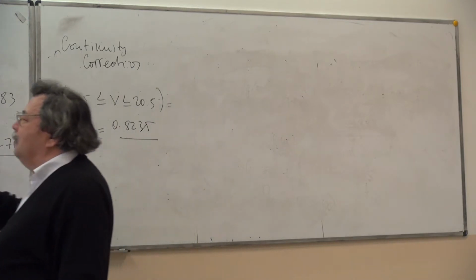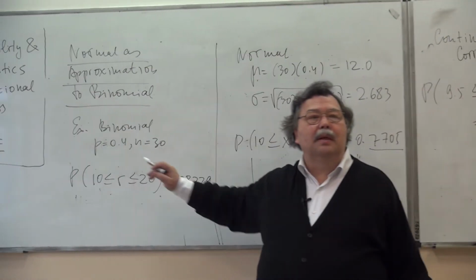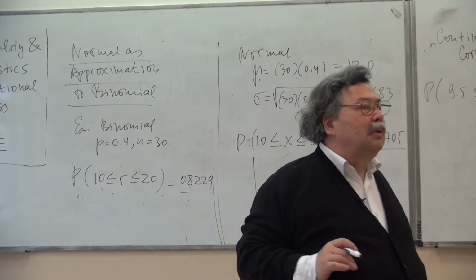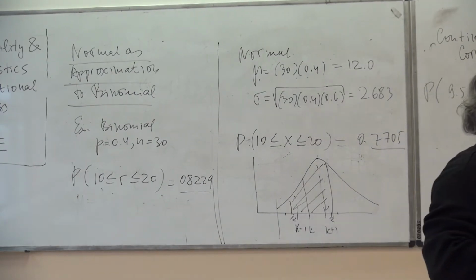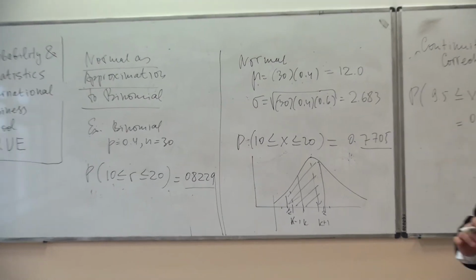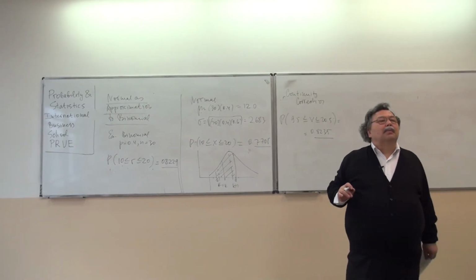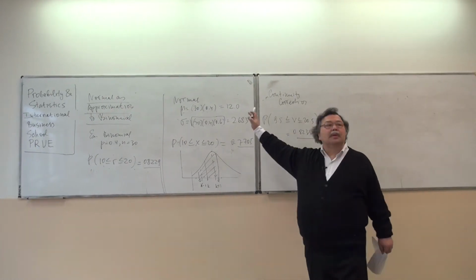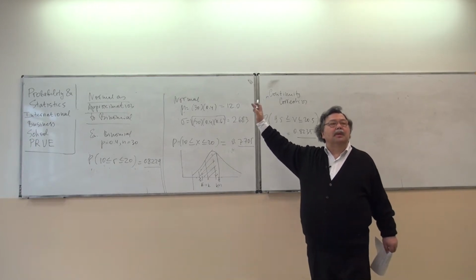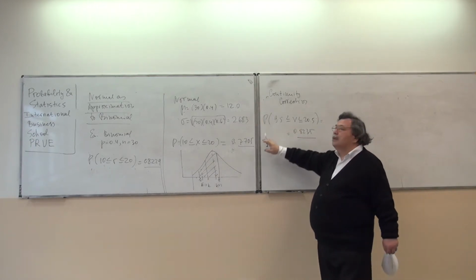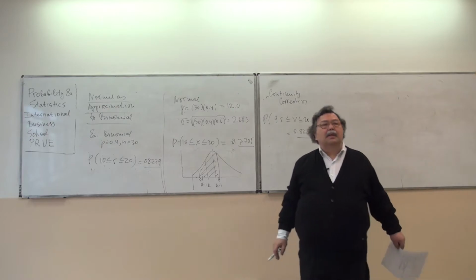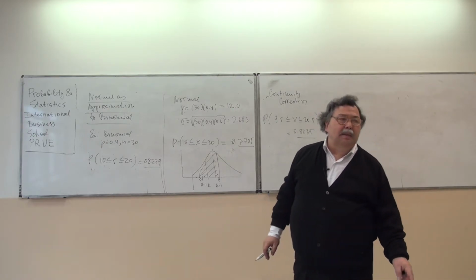Even for a relatively small number of trials, and 30 is not a large number of trials, the binomial distribution can be quite closely approximated by the corresponding normal if we use this continuity correction. And actually this is how it was done in practice.